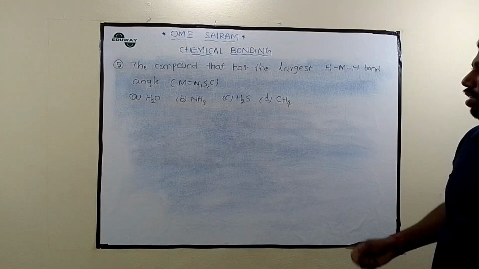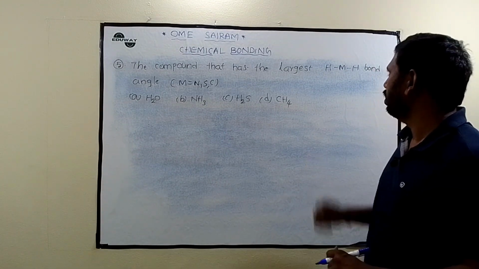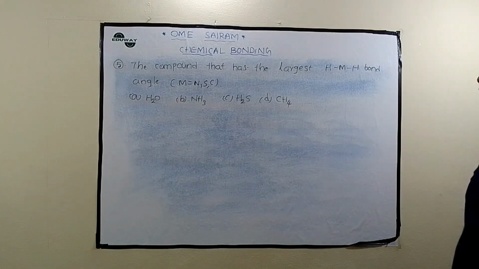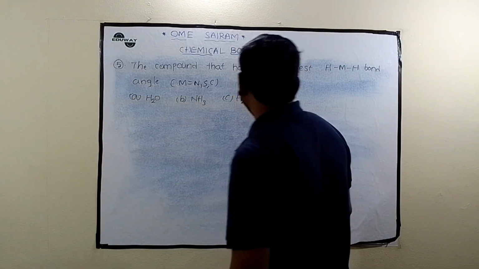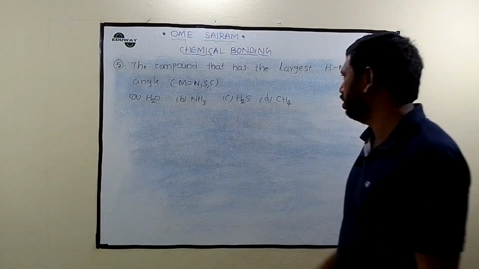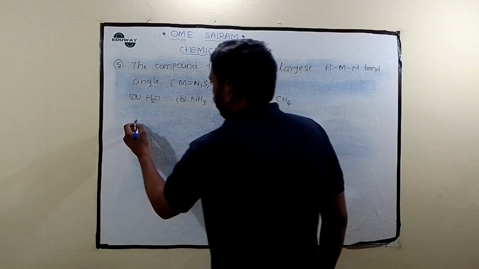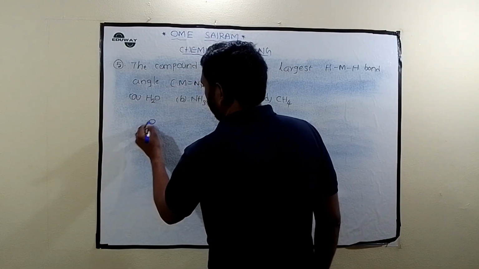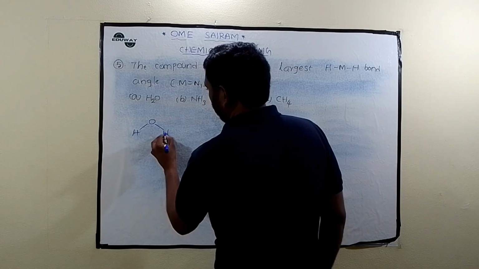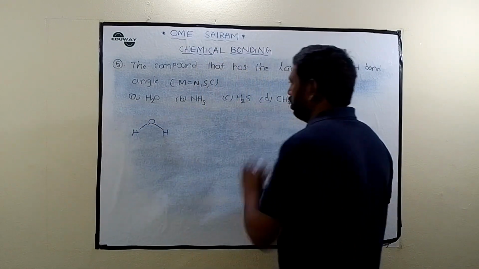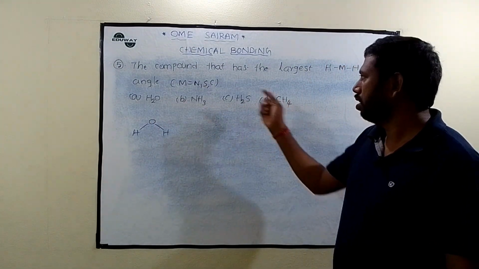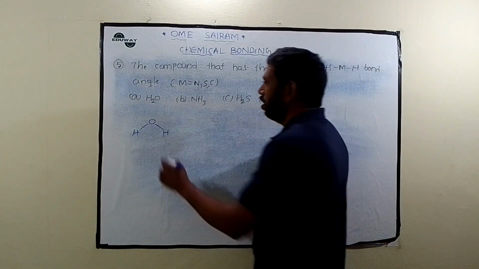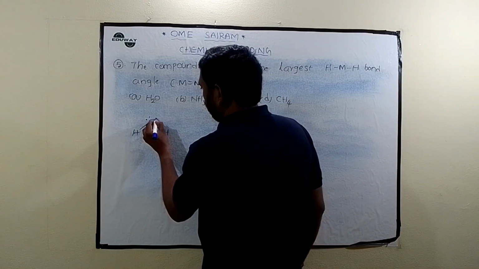Next question: the compound that has the largest HMH bond angle. They have given 4 compounds: H2O, NH3, H2S, CH4. Already we know the H2O bond angle. All these 4 molecules have sp3 hybridization.